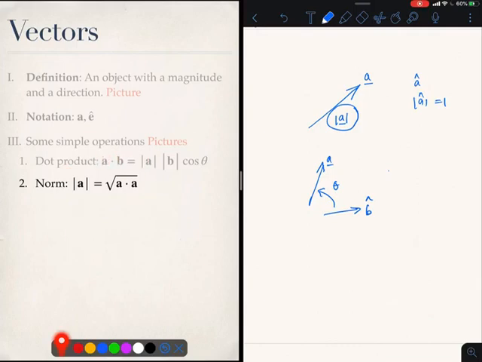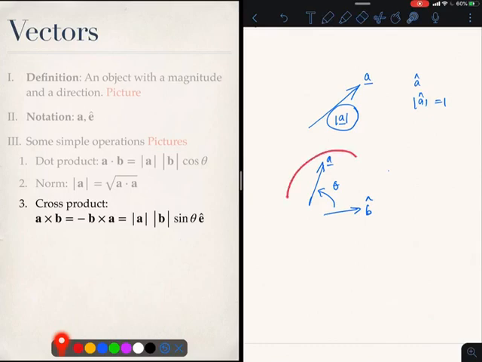Okay, the cross product, another operation that we are familiar with, which is defined as A cross B is minus B cross A, and that is AB sine theta in the direction of E. Now what is that? Let's draw a picture. So let's again use this picture over here.